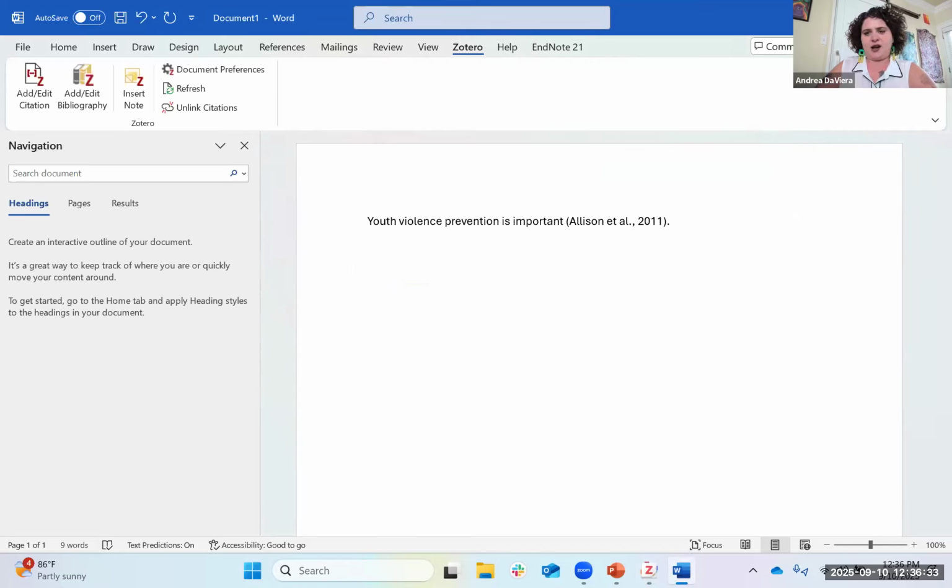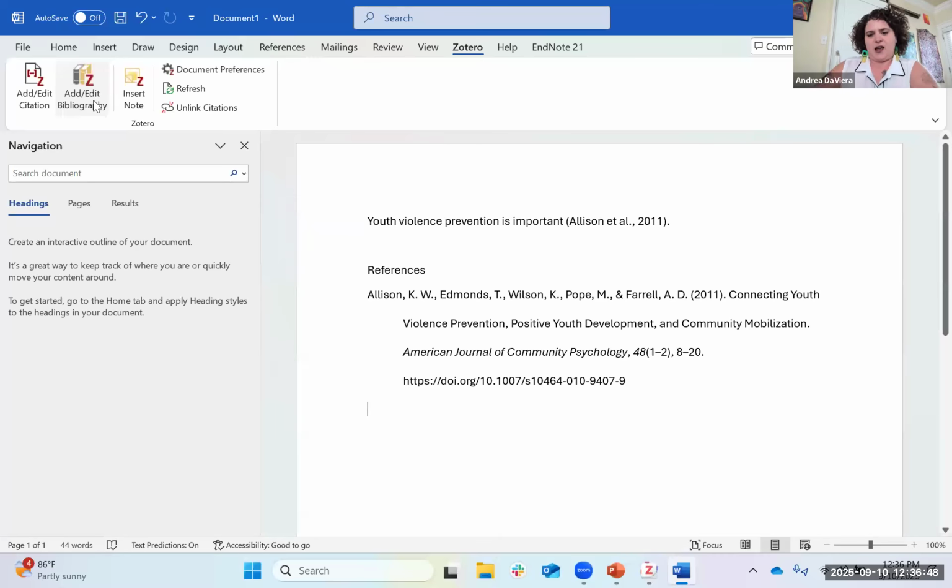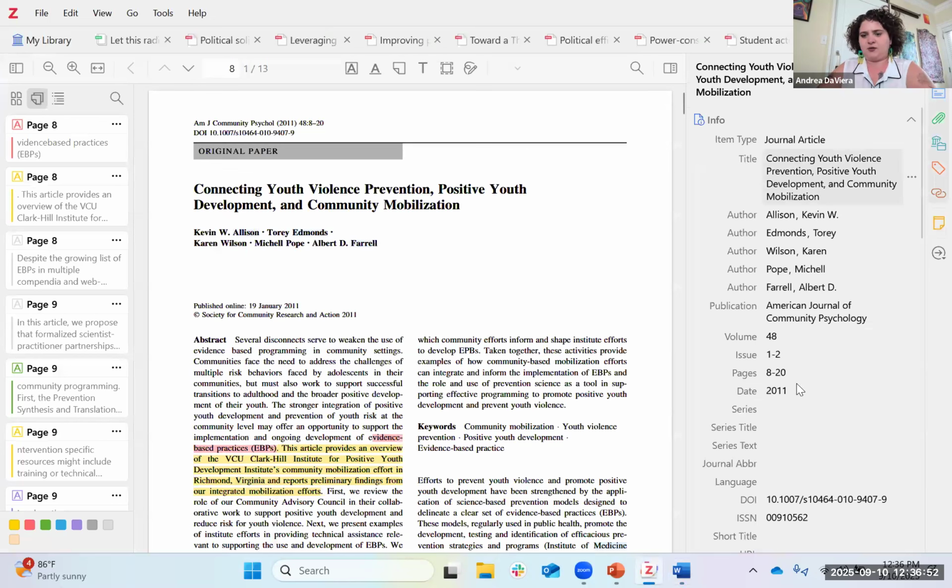And then when I am done writing and I want to compile my references, all I do is go to this button, add edit bibliography, click it. There it is. And as long as Zotero has all the correct information input here, and if it doesn't, you could edit it, it's editable.